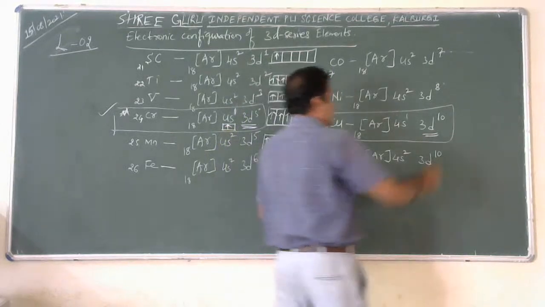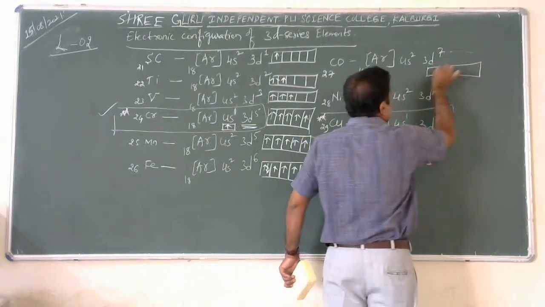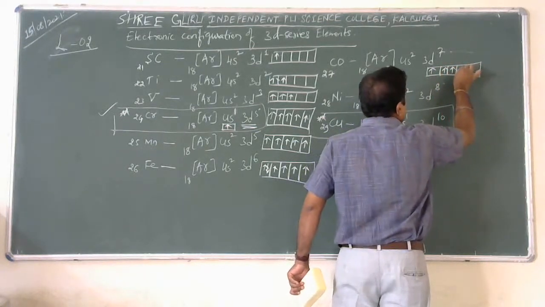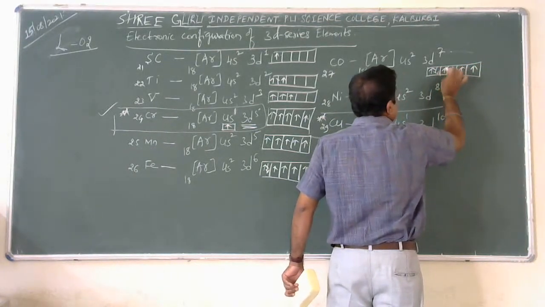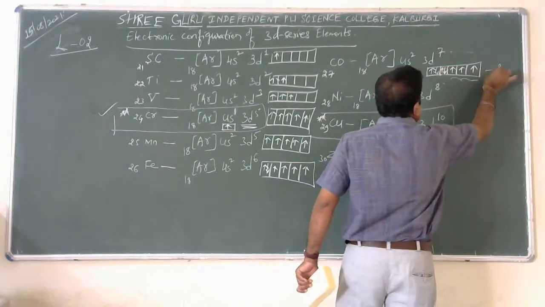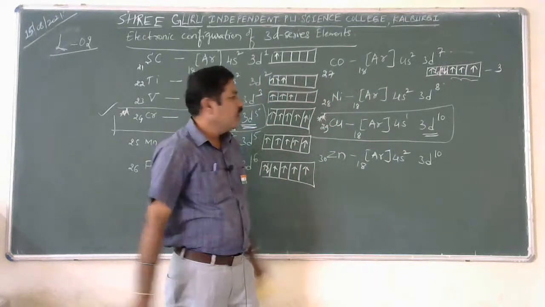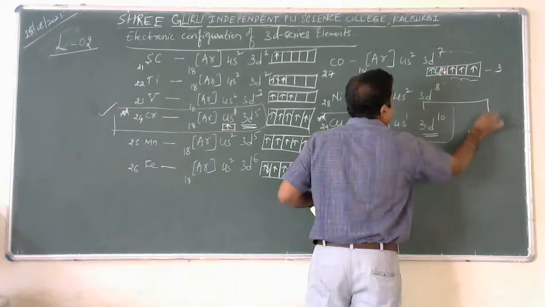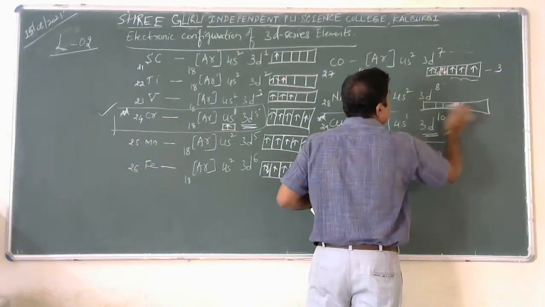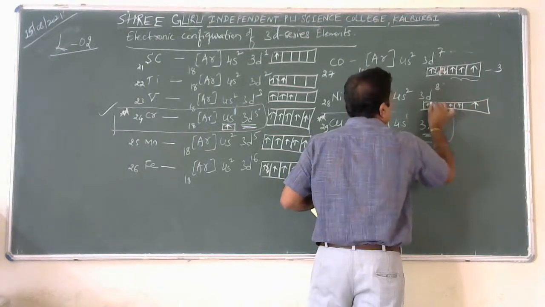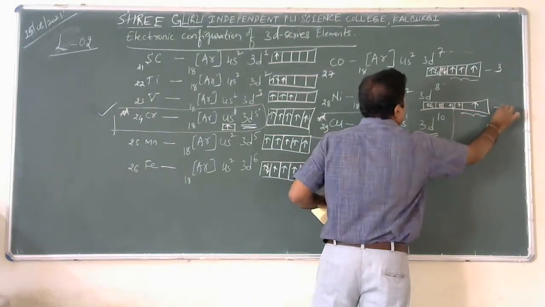If you come to d7, first as usual 1, 2, 3, 4, 5, then d6 and d7: 3 unpaired electrons. As the number of d electrons increases, unpaired electrons decrease. For d8, only 2 unpaired electrons.